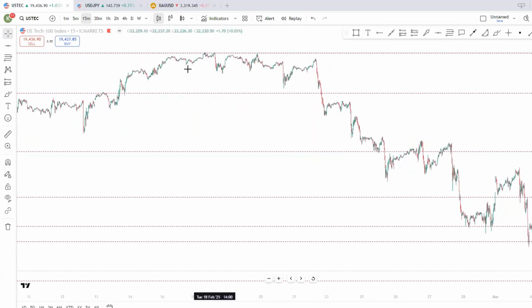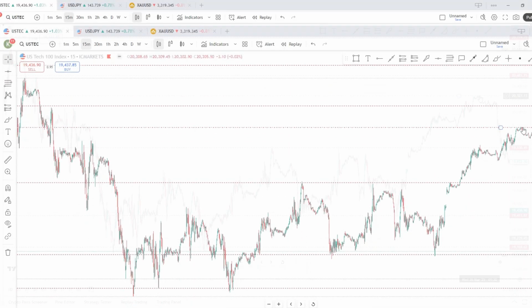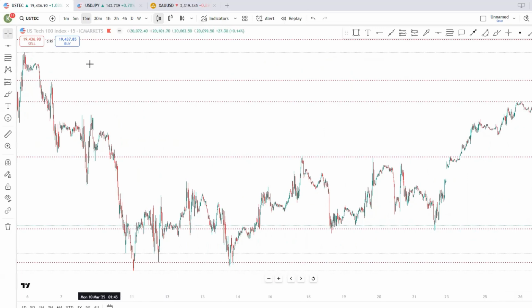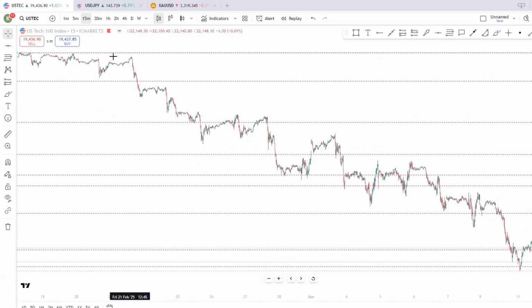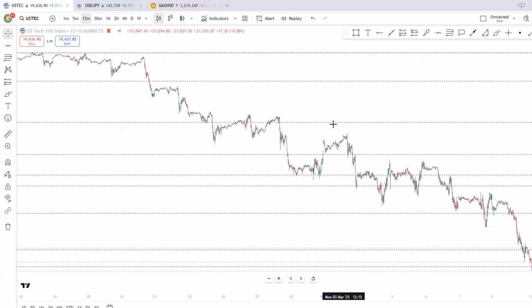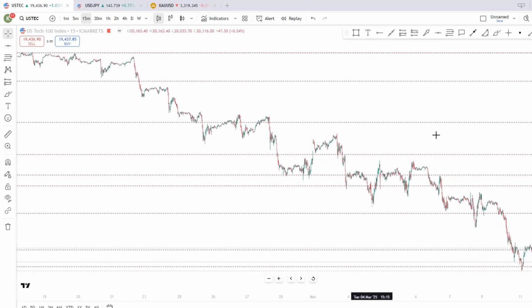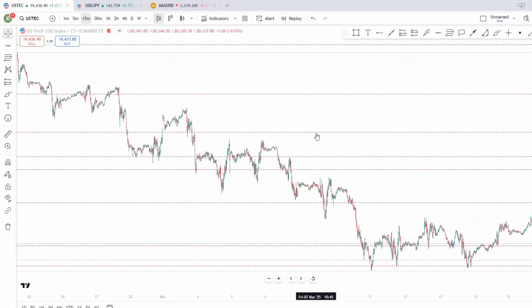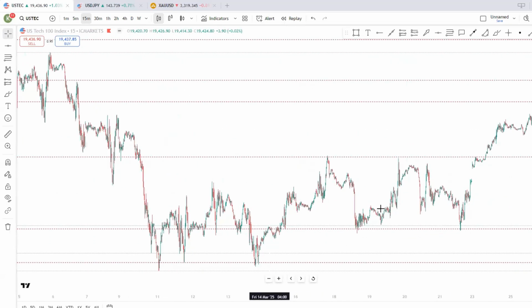Okay, so if I know that we've rejected off here, a rejection of a particular zone, right? So if we see rejection here, there is a strong possibility that we can do a similar rejection when we come back here. If we're bouncing from a particular zone, chances are when we come back to that zone, we can also bounce, right? So we're looking for high probability at these areas.